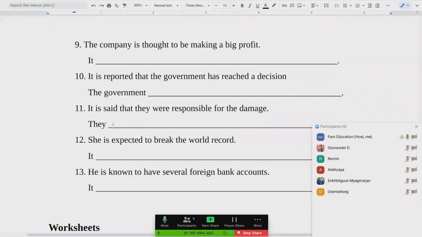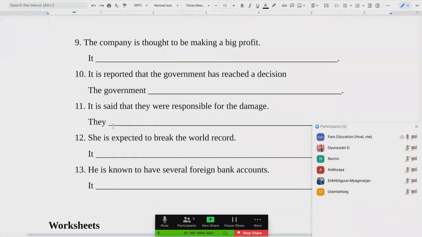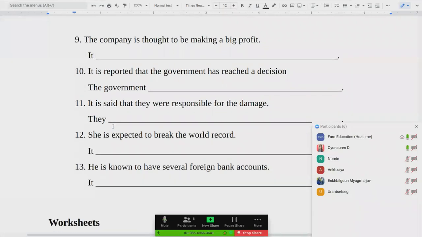Number 9. The company is thought to be making a big profit. It is thought that the company is making a big profit.